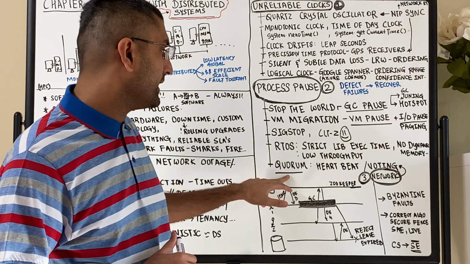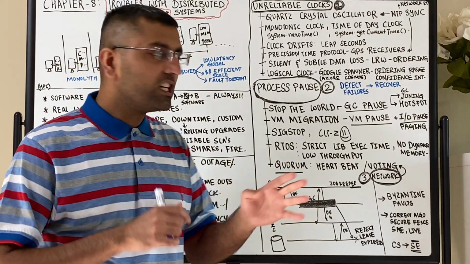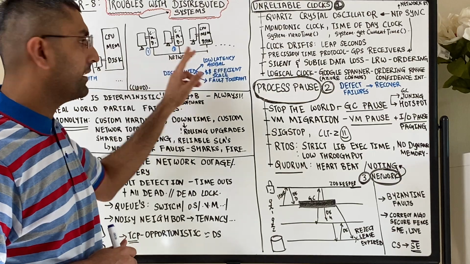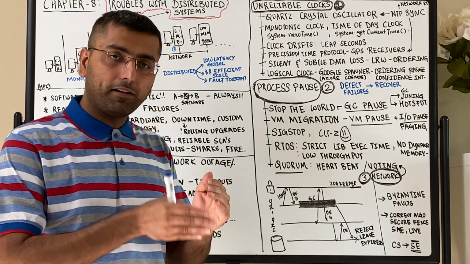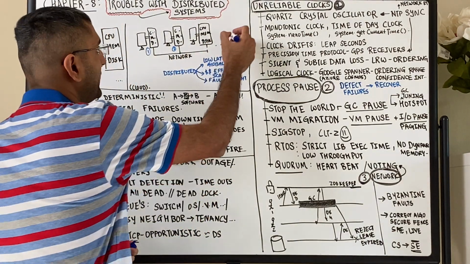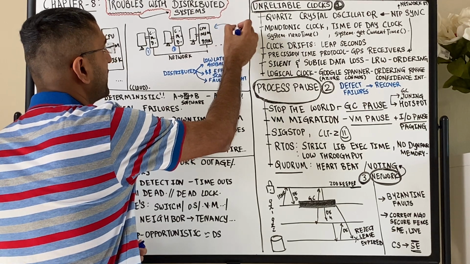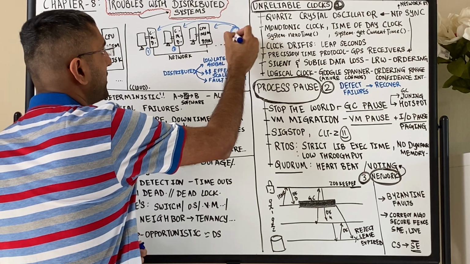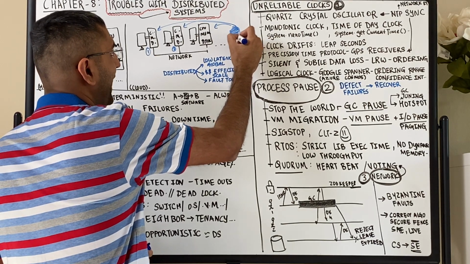And that's why we have this thing called Quorum, where every machine has a heartbeat. There's a communication happening that tells, hey, I'm alive. Each of these machines is monitored by a central system that checks which of them are actually alive.